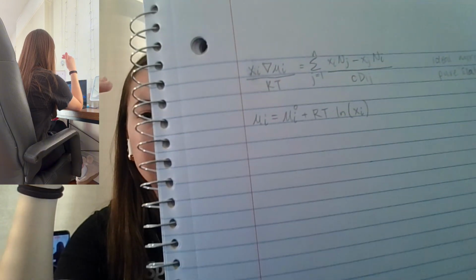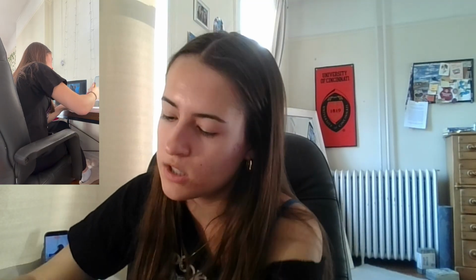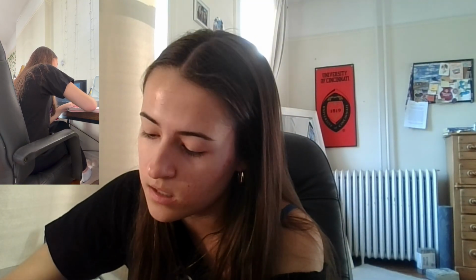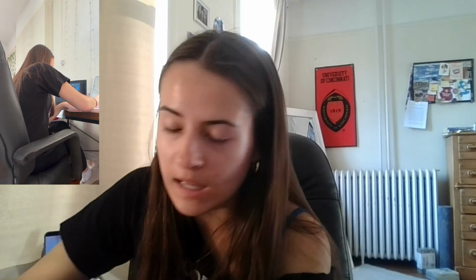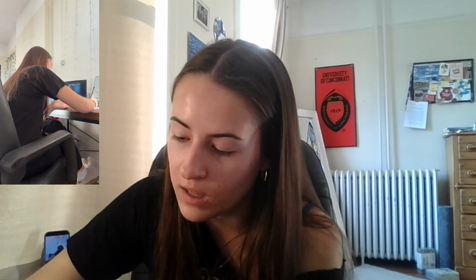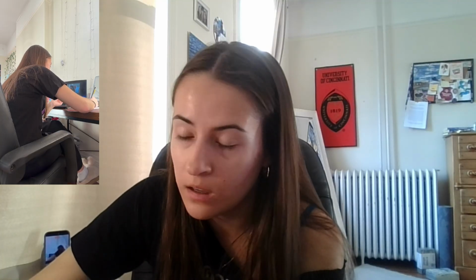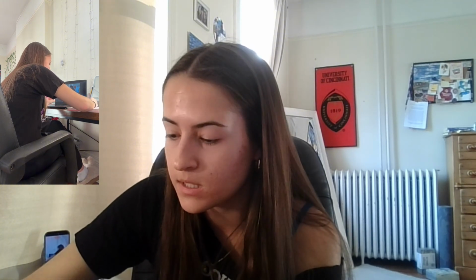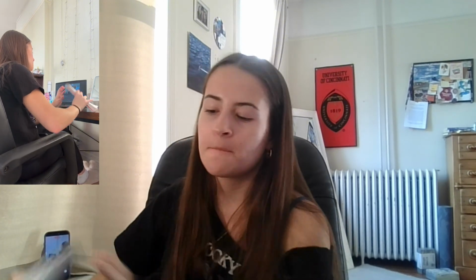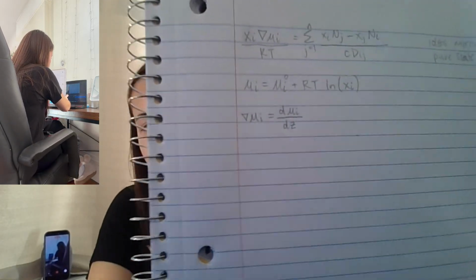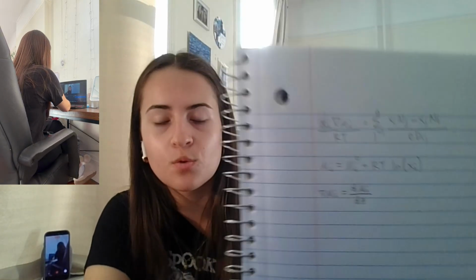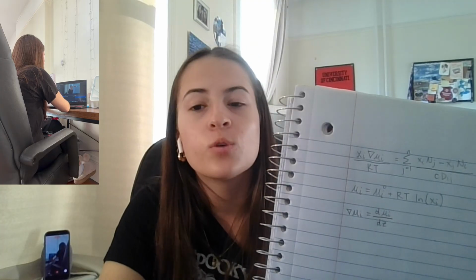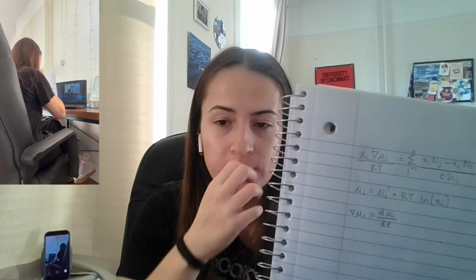Like I said, this needs to be multiplied by the gradient, and the gradient is equal to some change in the chemical potential, so d times the chemical potential of i over the change in position, dz. This is something we've seen many times before with a concentration gradient changing due to position.